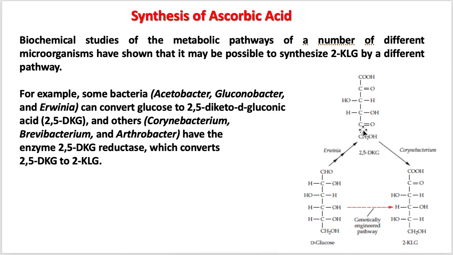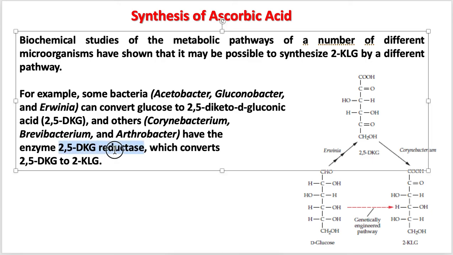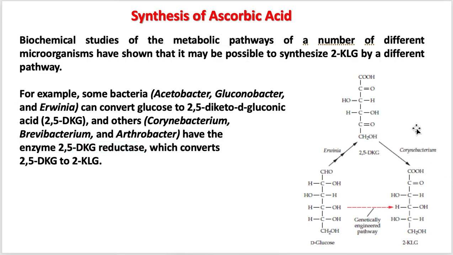If we wanted to change Corynebacterium, we would have to isolate all the genes involved from Erwinia and clone them into Corynebacterium, which would be a complex process. Rather, it's better to isolate the gene for 2,5-DKG reductase from Corynebacterium and insert it into Erwinia. Simple, right? Because there is only one gene.